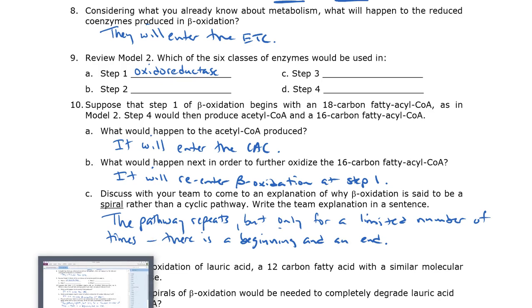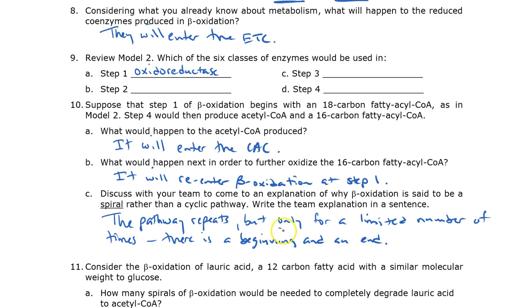The beta oxidation pathway repeats, but only for a limited number of times. There is a beginning and an end. The citric acid cycle repeats over and over again because it ends with exactly the same thing that it starts with. So you could think of that like a cycle or a wheel. But the beta oxidation, when it repeats, doesn't come back to exactly the same place.